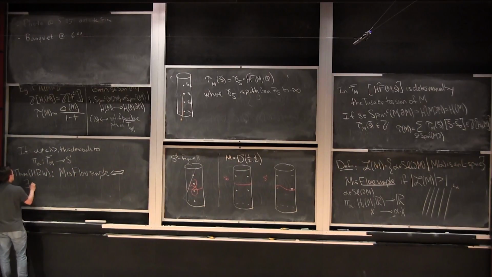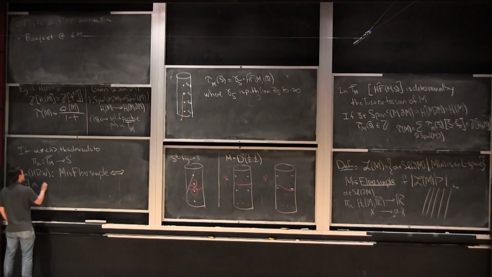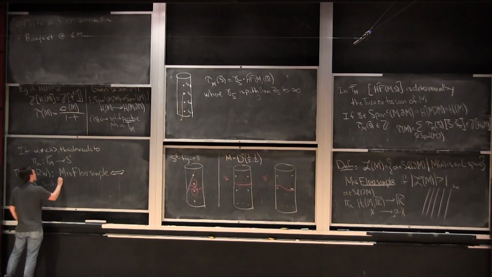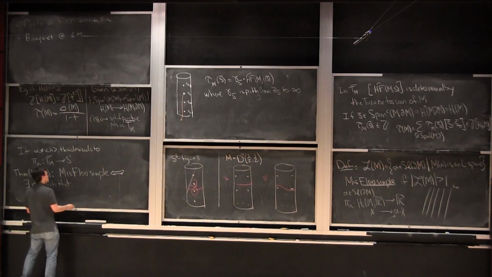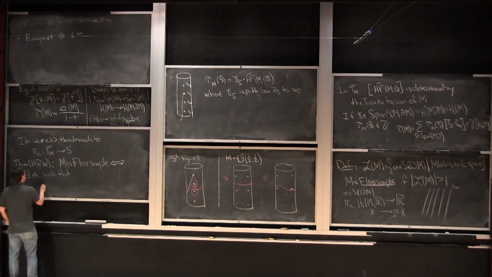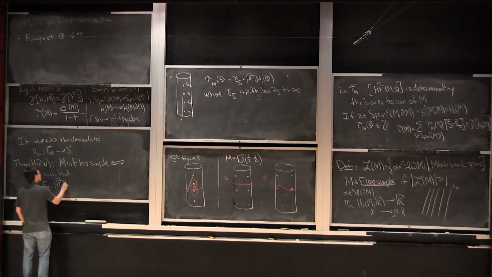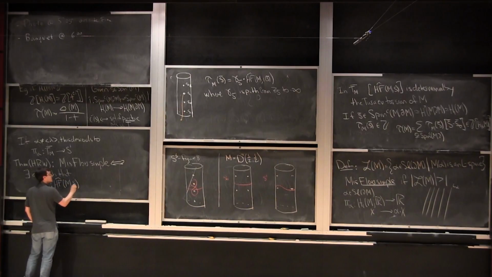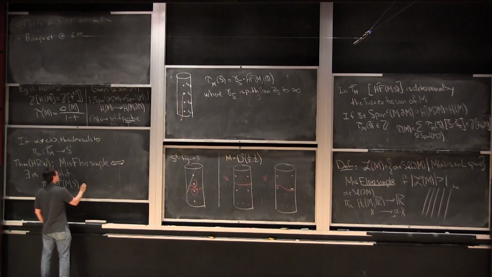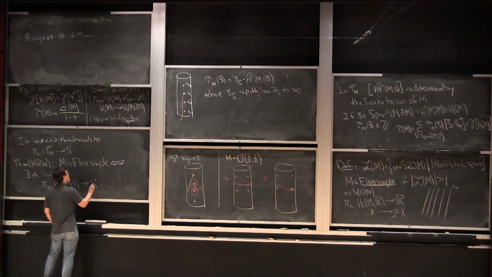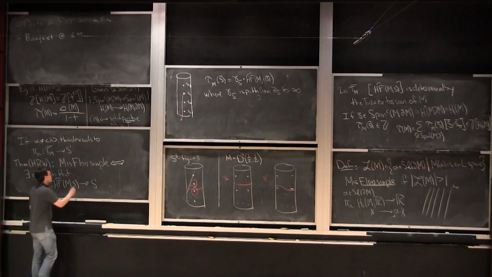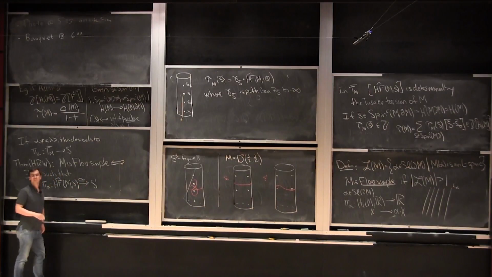There exists some alpha such that the map pi alpha, you can think about applying that to HF hat of M for some spin C structure, that map carries HF hat of M over to S1 by a homeomorphism.